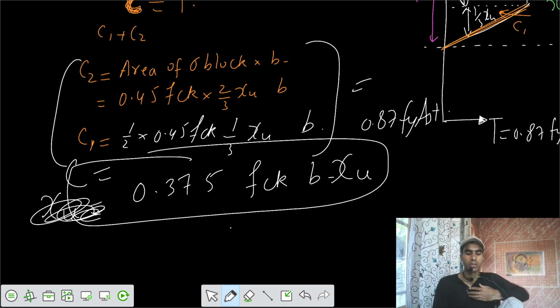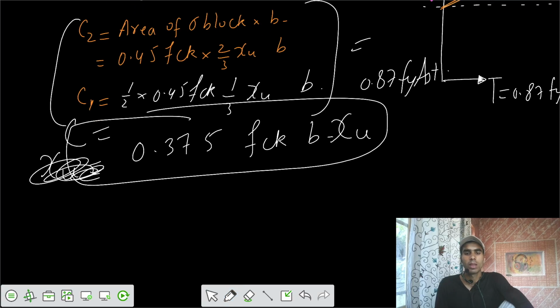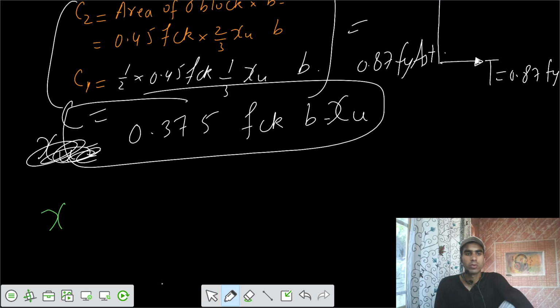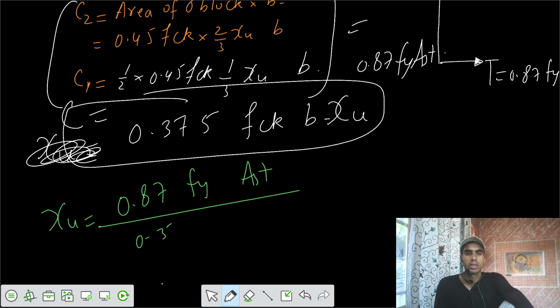In the actual derivation, the total C force was 0.36 FCK B XU. So in this case, we have 0.375 FCK B XU, and T force is the same. So we can solve XU equals 0.87 Fy AST divided by 0.375 FCK times B.